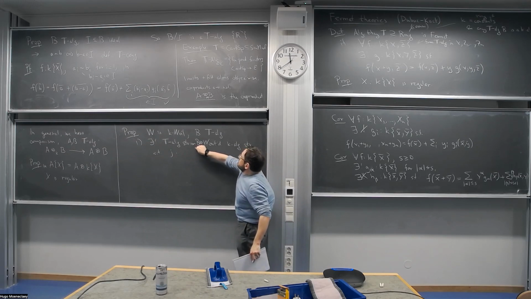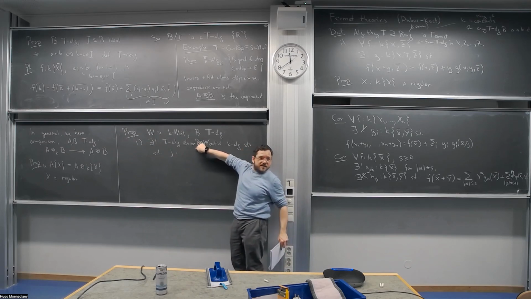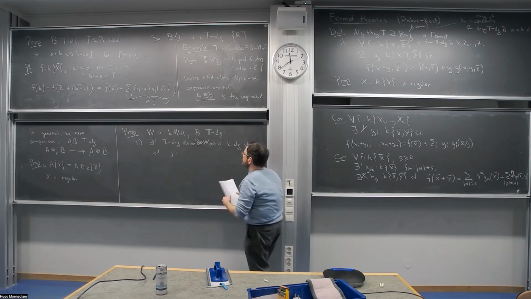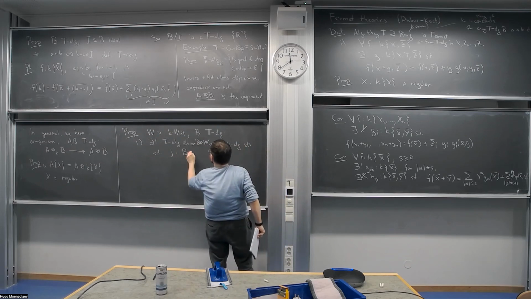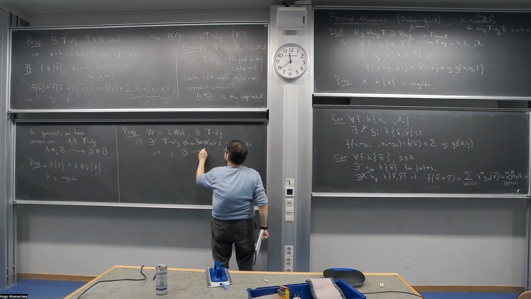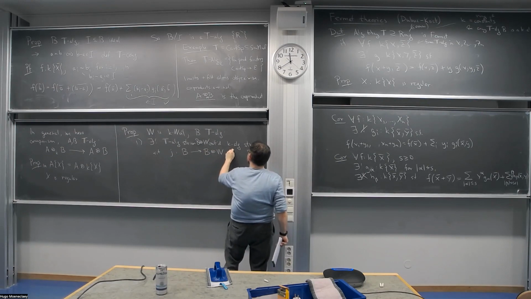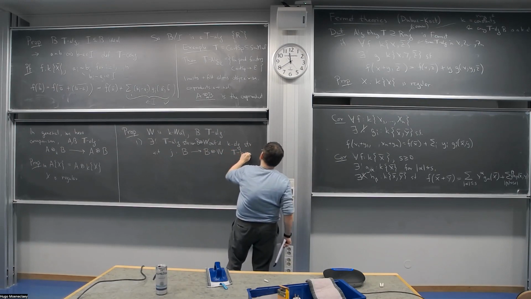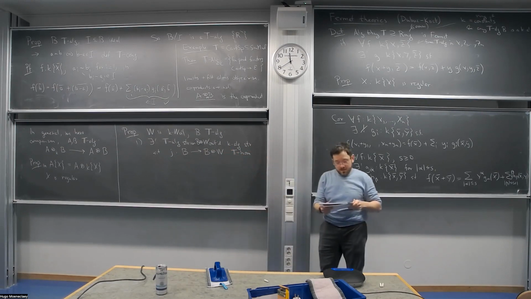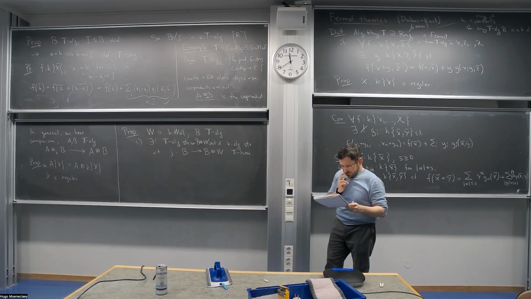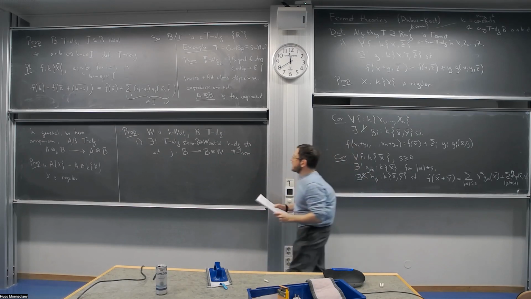In fact, W tensor any T-algebra is going to be a T-algebra in a unique way, with uniqueness with respect to the inclusion of B into B tensor W. So this map is a T-homomorphism.